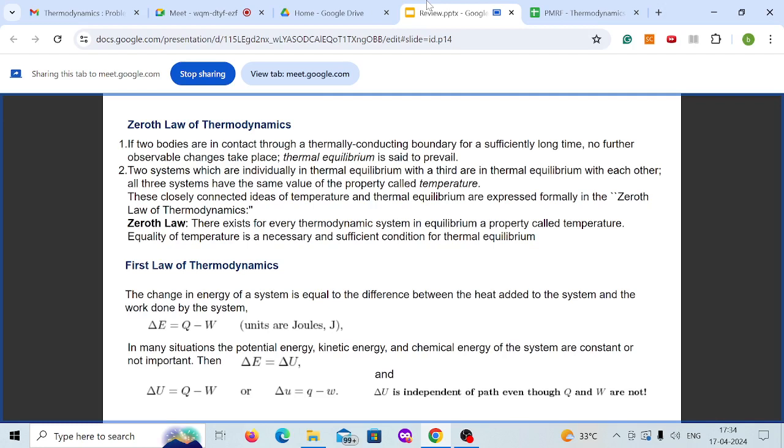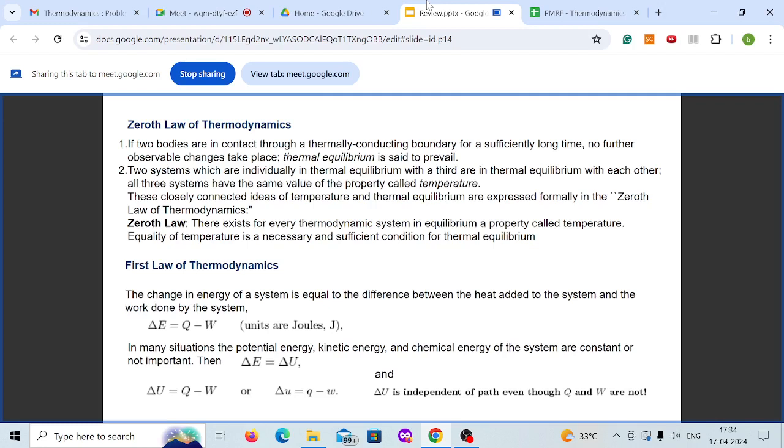Then once the zeroth law is defined, which gives you the concept of temperature, comes the first law of thermodynamics. The first law of thermodynamics says that it's basically a conservation of energy. The first idea of the first law came from Joule's experiment.